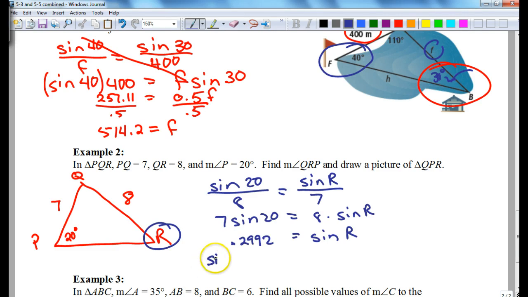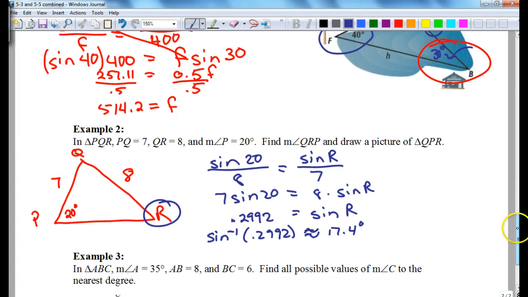So it'd be sine to the -1 of 0.2992. And that would be, and I should do squiggle because it's an estimate, about 17.4 degrees. Yeah, I like the sine one better, personally.